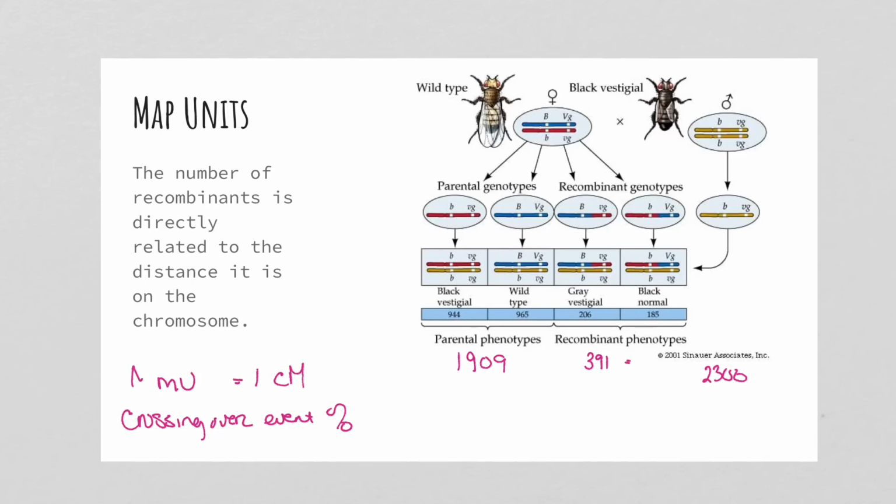And then when I look at the percentage of recombinants, I can use that to figure out approximately how far away the black gene is from the vestigial gene. So I would take 391 divided by 2,300 to give me a percentage.